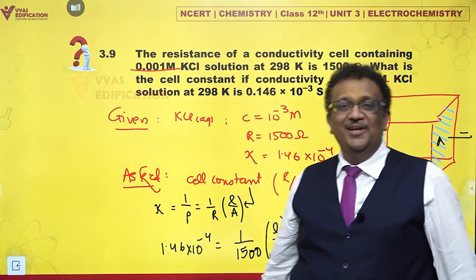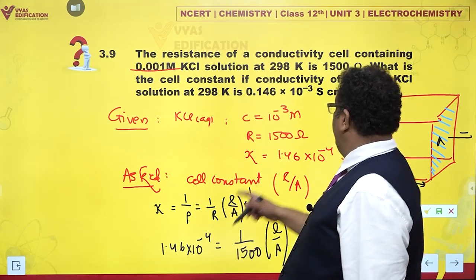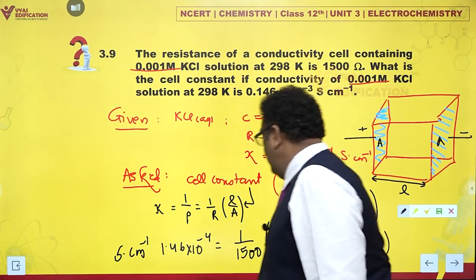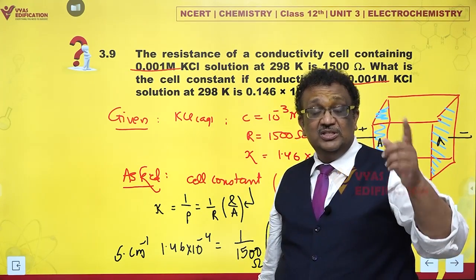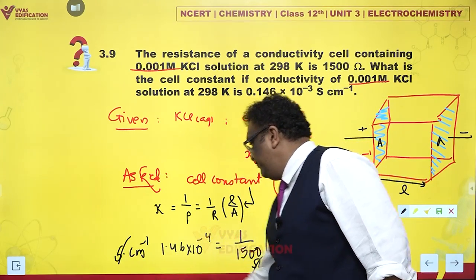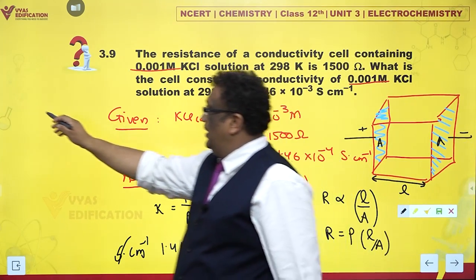I don't seem to be needing concentration at all. And what do I get? This is Siemens per centimeter and 1 by 1500 ohms. Please remember, Siemens is 1 upon ohm. So this actually cancels off. And what do I get? I get cell constant L by A.